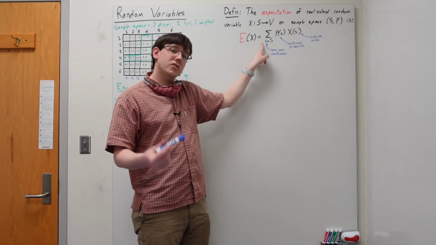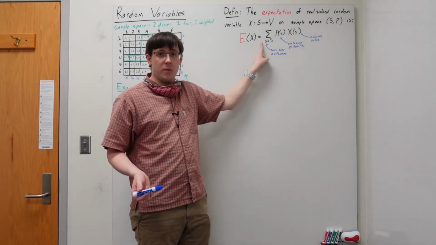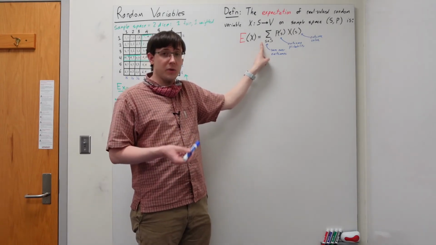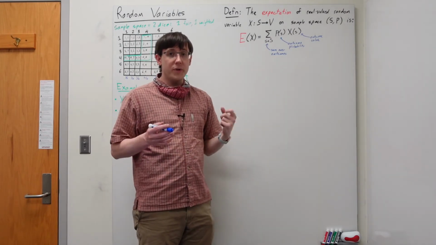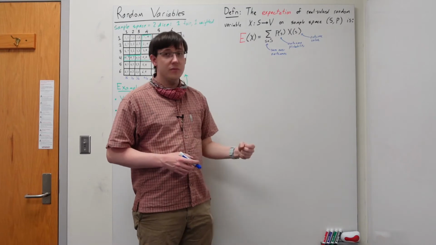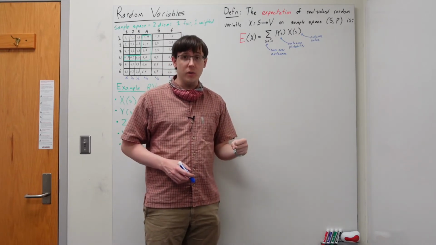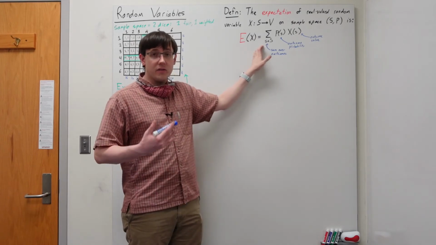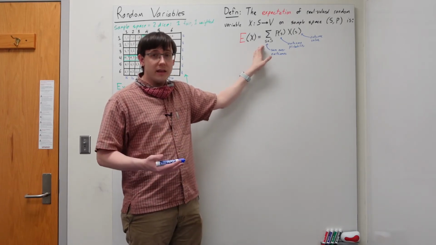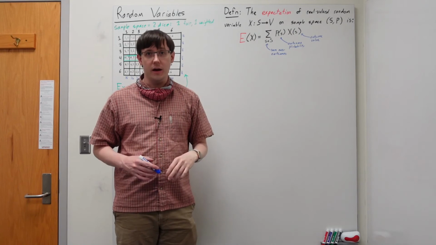But this sum over all of the outcomes is often tedious to compute, and it's often easier to group together all of the outcomes that have the same value. And if we do that, then we can rewrite this as a sum over the different values that the random variable can take on.